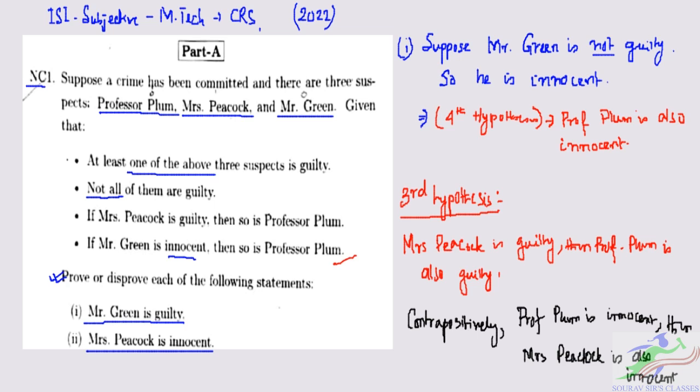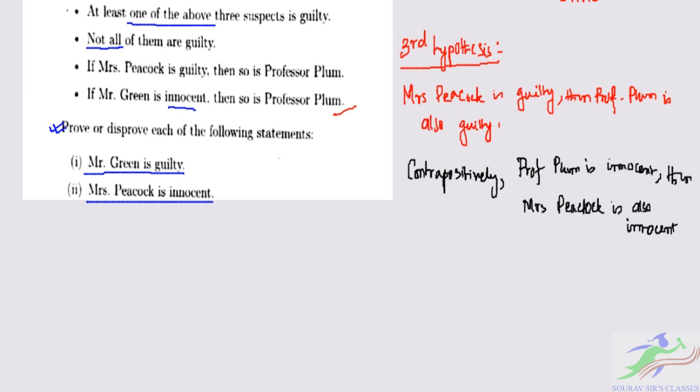So all three are innocent if Mr. Green is innocent. From here we can conclude that all three are innocent if Mr. Green is innocent, right?